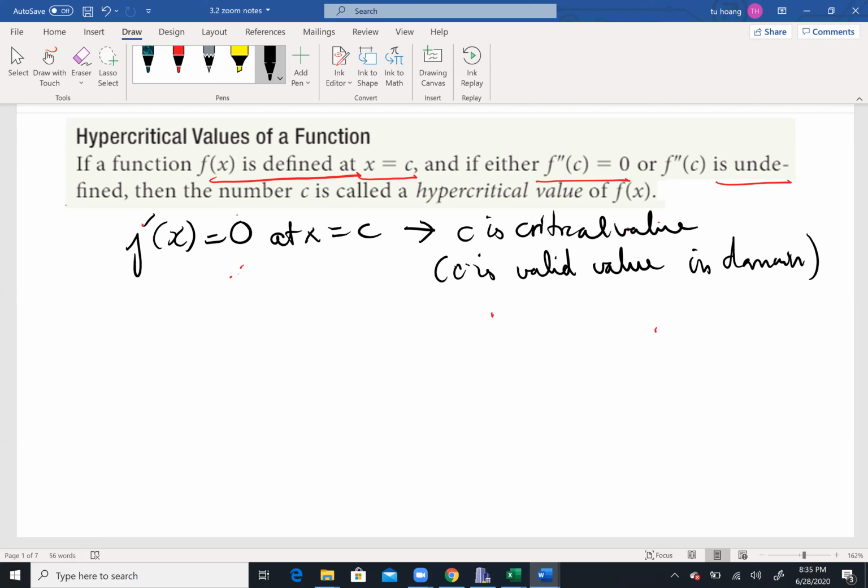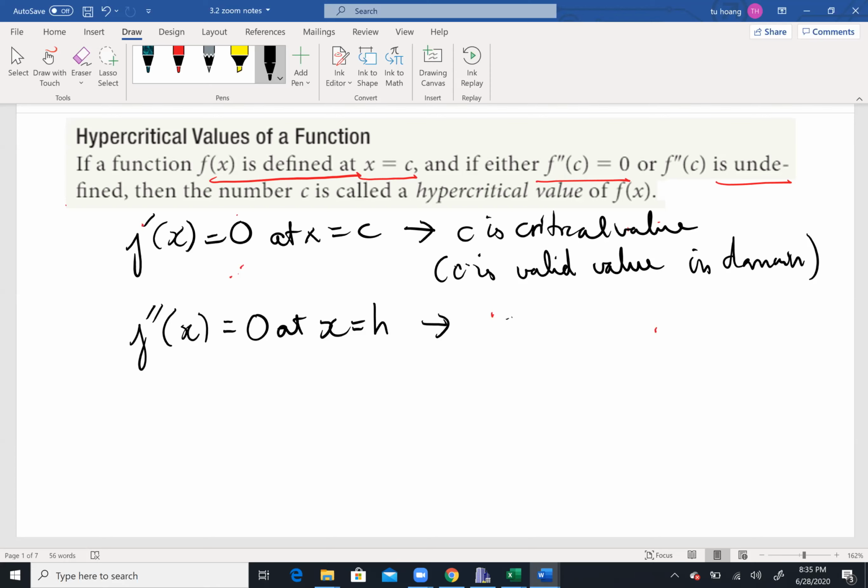So today in section 3.2, we will talk about the case where the second derivative of x equals 0 at, say, x equal to c again. Then c in here, no, I'm going to change it, I'll say h.